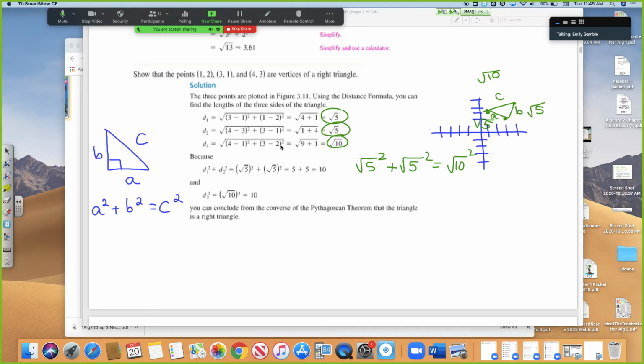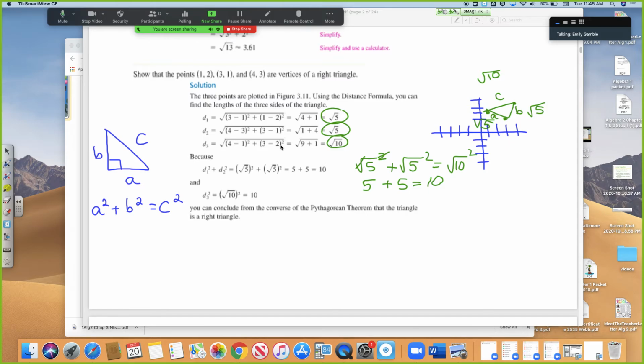Well, the square root of 5 squared really equals 5. When you square a square root, they cancel each other out. You can double check that by taking your calculator and doing the square root of 5 squared. You're going to get 5. And this equals 5 as well. And then the square root of 10 squared equals 10. And this is true. 5 plus 5 does equal 10. Because of that, this is a right triangle.